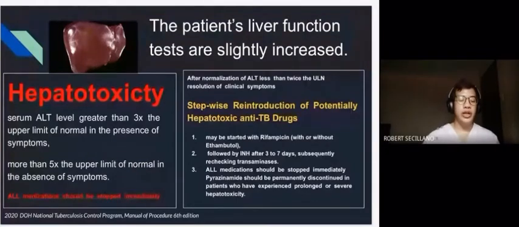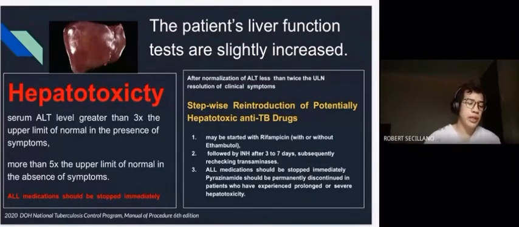Based on the case, the patient doesn't have any symptoms of hepatotoxicity. Also, hepatotoxicity is an elevation of ALT more than 5 times the upper limit of normal in the absence of symptoms. So the patient doesn't fit the criteria for hepatotoxicity, and we can give the first-line anti-TB drugs.